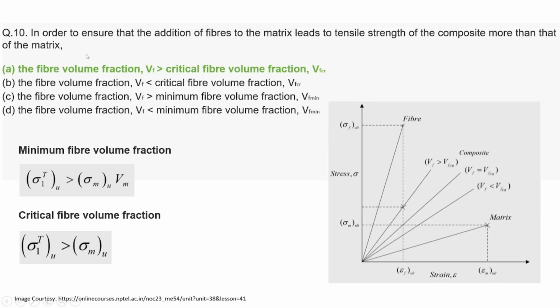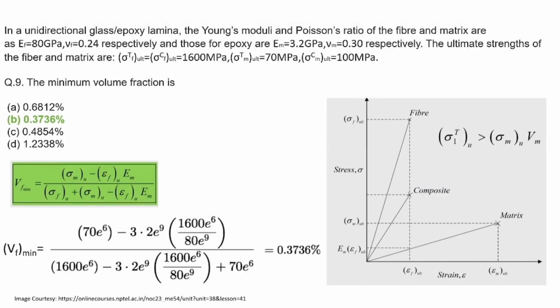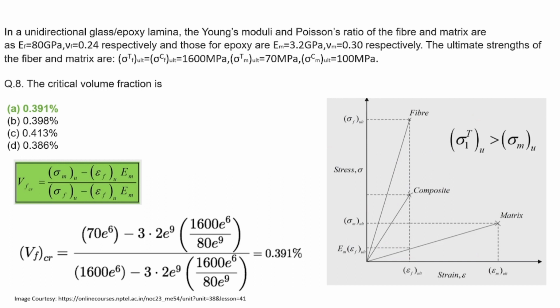So next question is, in order to ensure that the addition of fiber to the matrix leads to tensile strength of the composite more than that of the matrix, what will be the condition? As I said, the critical volume fraction is the minimum volume fraction, that means the minimum number of fibers that should be added in the matrix such that its ultimate tensile strength is more than only the matrix.